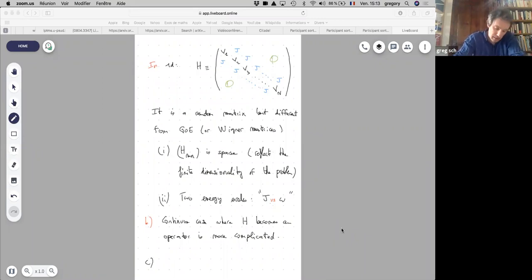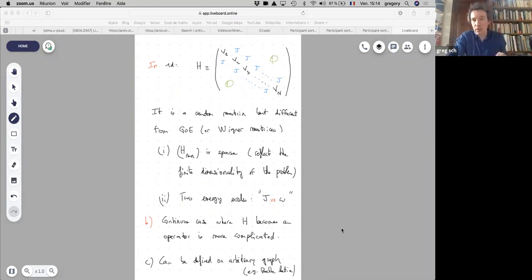But what I want to say is that the model can be defined on an arbitrary graph, including the Bethe lattice. I will not say more about that. For those of you who have thought about it, just keep in mind that this is a nice way of providing a mean field description of this condition.